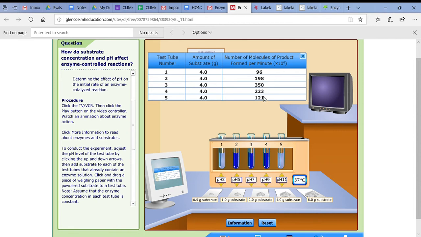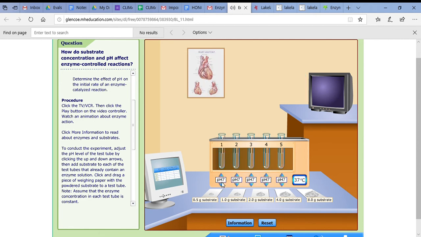Okay, take a look at the numbers from last time to this time. 96, almost 200, 350, let's say around 200, 100, let's say. Okay, similar trend, but something to note here. I want you to recognize a little bit of a change from the pattern. Okay, let's try one last time.